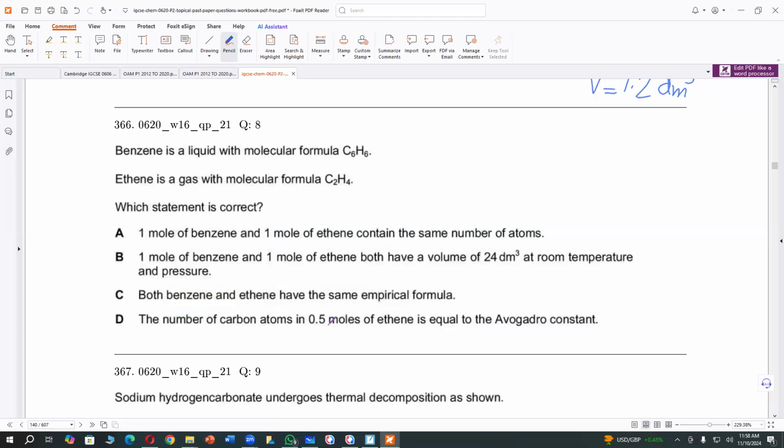One mole of benzene and 1 mole of ethene contain the same number of atoms. 1 mole of any substance contains number of atoms equal to what?